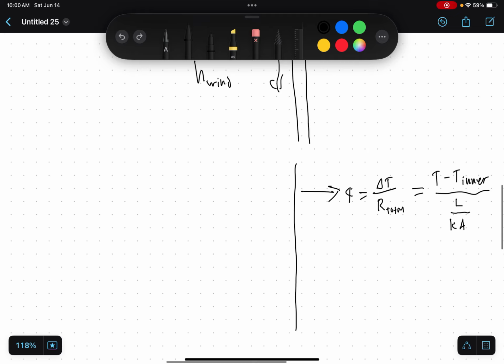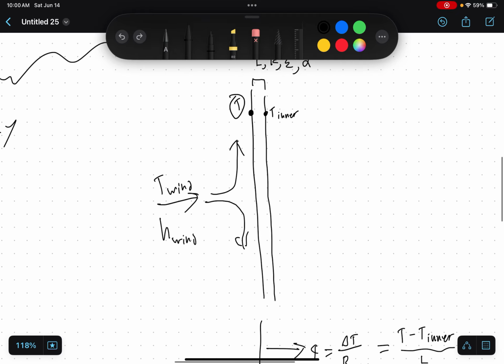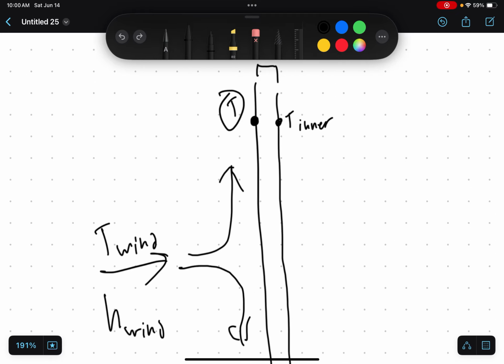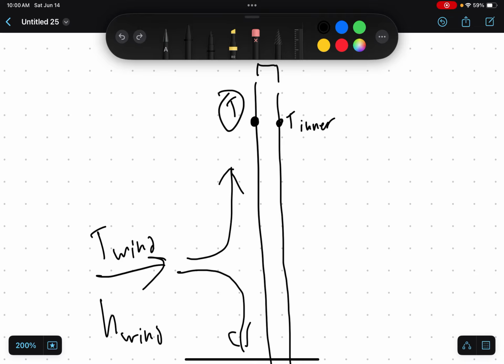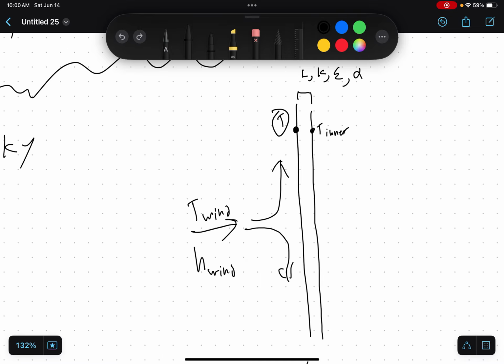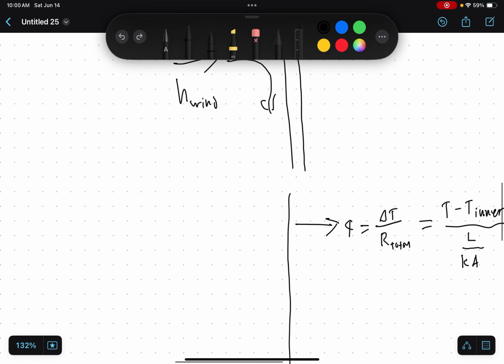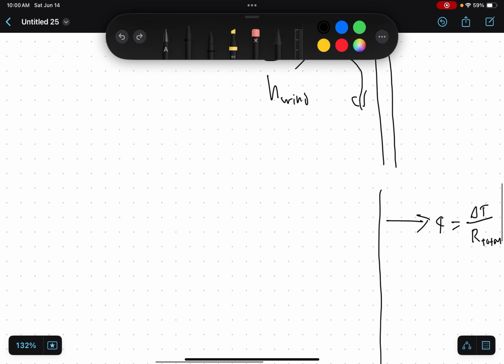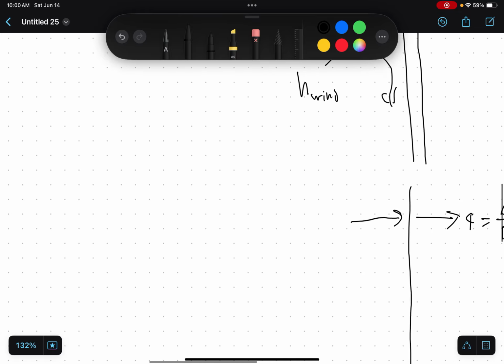So I'm going to assume, again, that T wind is greater than the outside temperature of the window. So heat always goes from hot to cold. So I'm going to assume that it'll go from the wind to the window. So I'll write it so that that number is positive. So we've got something over here.